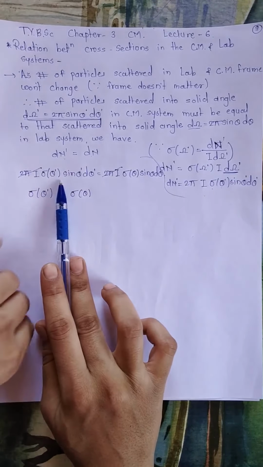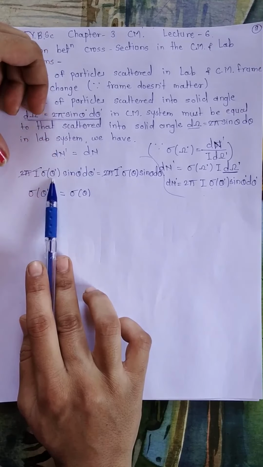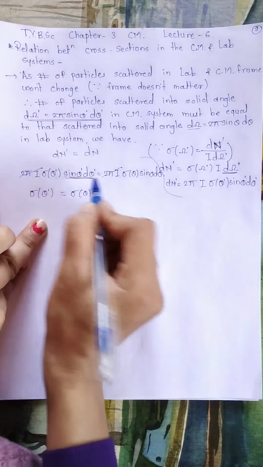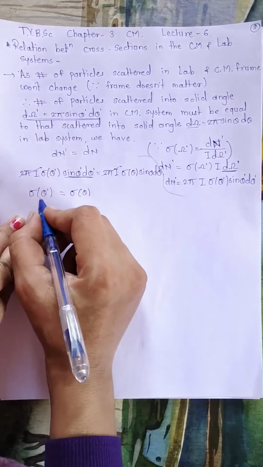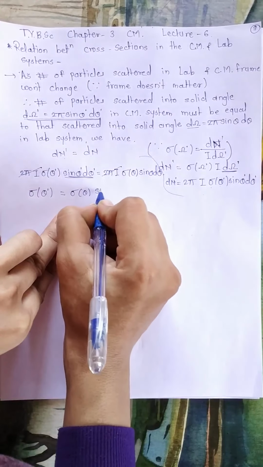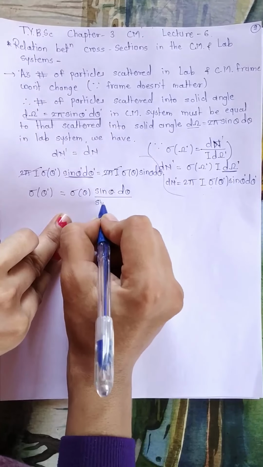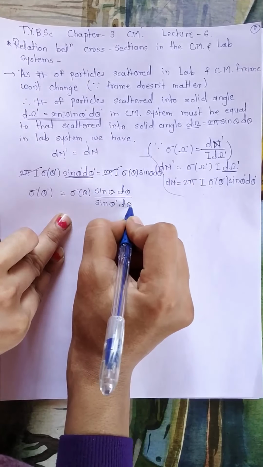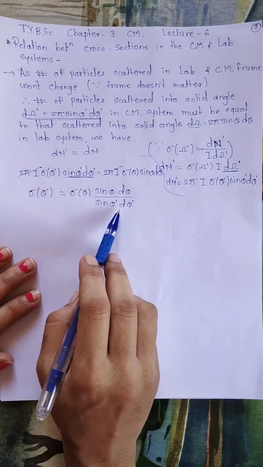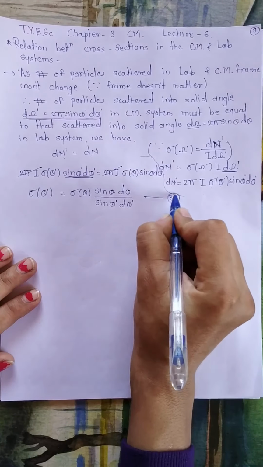And if we rearrange this equation such that I keep sigma of theta dash on the LHS and take the remaining terms on the RHS, we will get sigma of theta dash equals sigma of theta, sin theta d theta upon sin theta dash d theta dash. Since on the LHS it was multiplied, it will come to the RHS and get divided. Let me call this equation number 30.